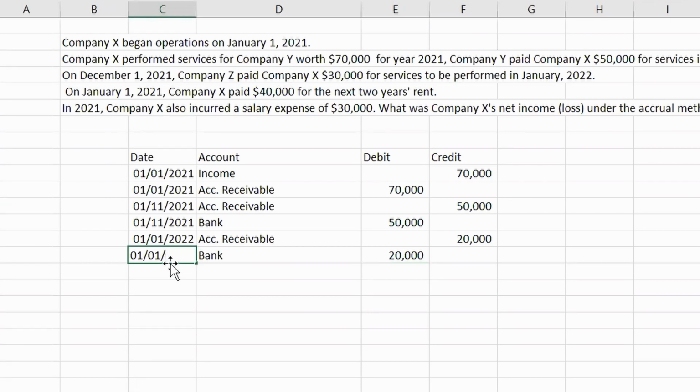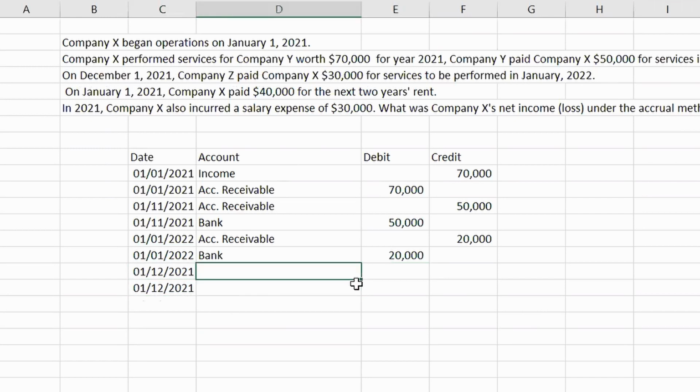Okay, so we have registered until here. On December 1st, 2021, company C pays company X 30,000 for services to be performed in January 2022. How will we register that? Who can tell me? I will give you an extrinsic incentive, guys.